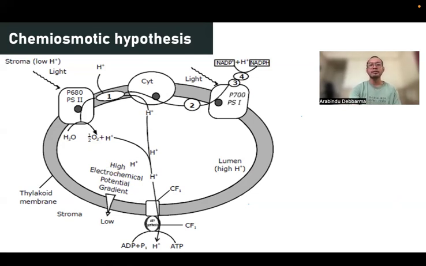Not only that, when there is a transport of electrons, as I have told you, certain molecules like iron or copper help the electrons to transport from one chamber to another, that is, from one cytochrome to another type of cytochrome. During this process, these enzymes may lose their structure.